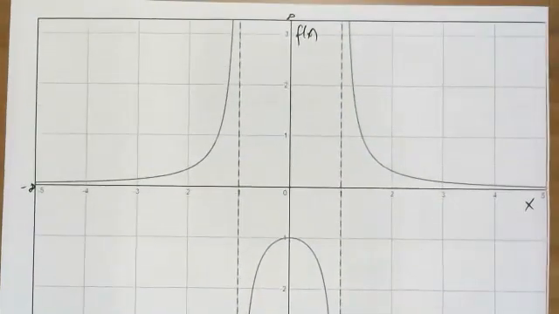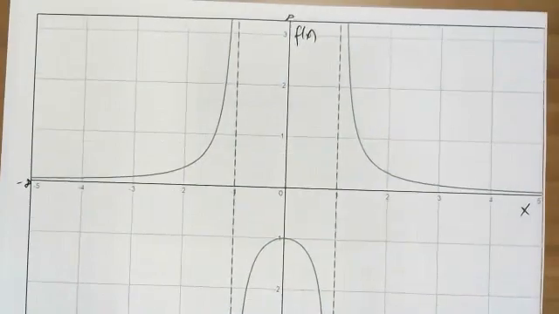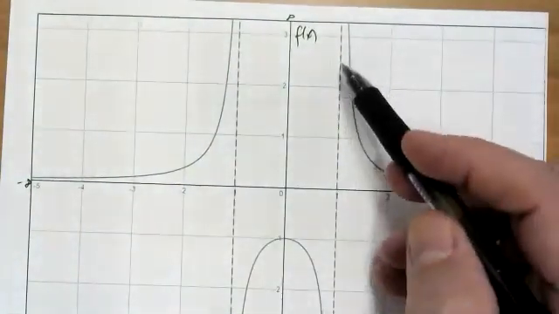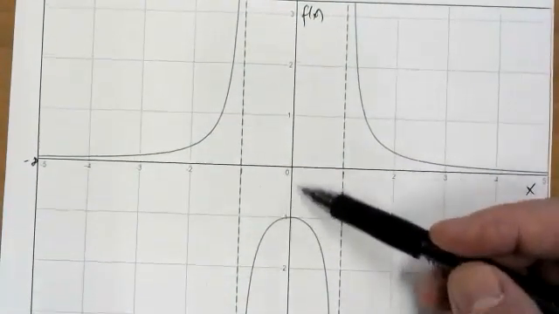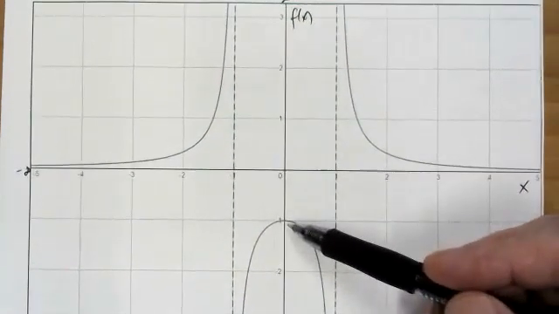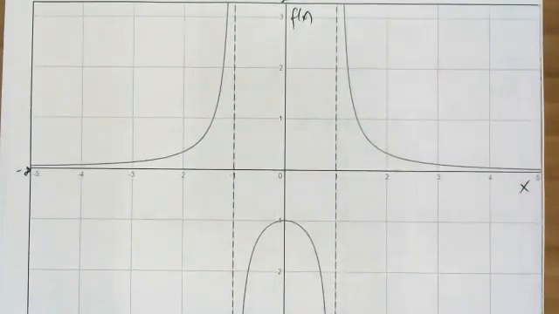So it's interesting: with the domain, your gaps were just one value of x. But here, with the range, there's a gap from 1 to 0.